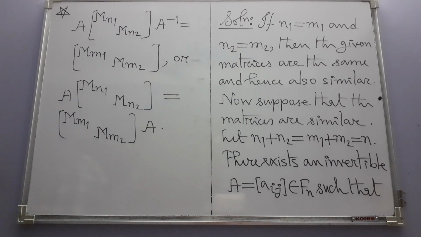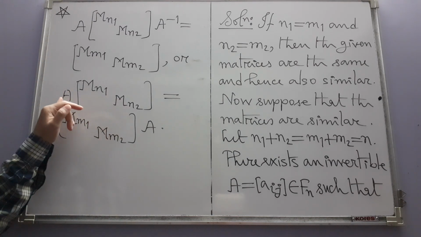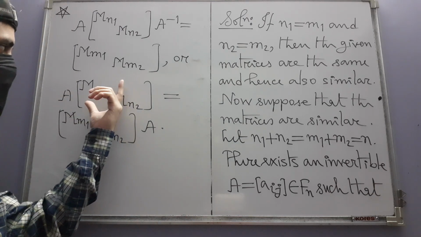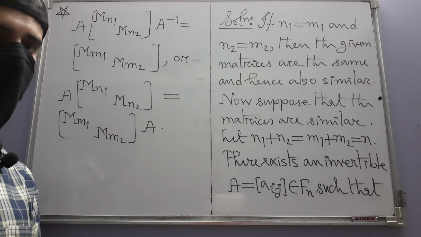Now this looks not exactly easy. I mean, A is a general n by n matrix and so is this one. It has a particular form but still n is general.